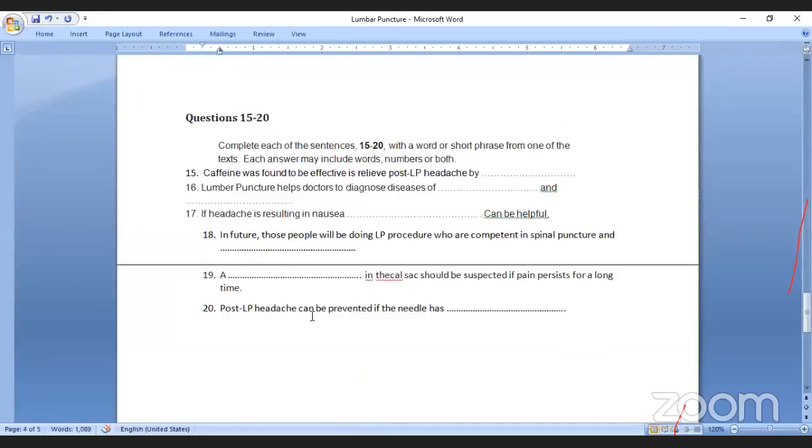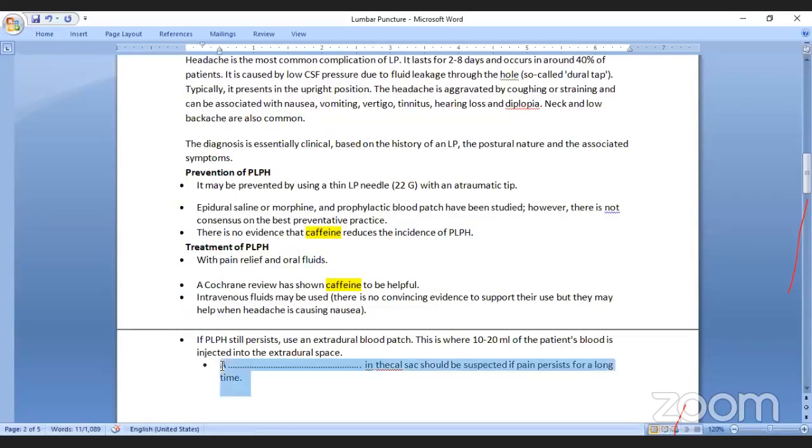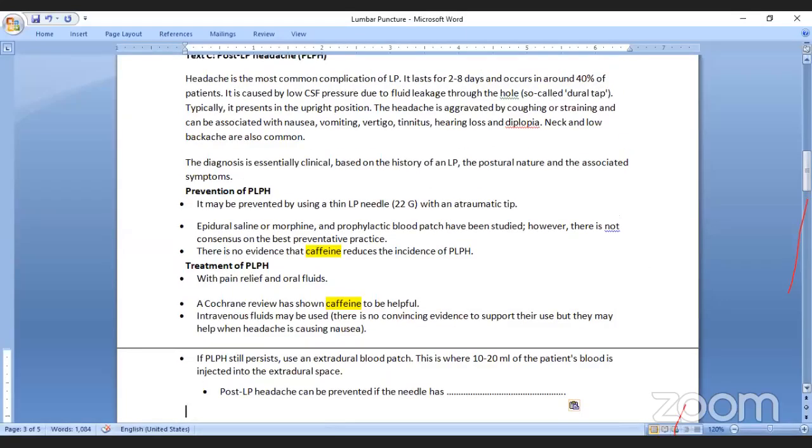So the last one: post LP headache can be prevented if the needle has dash. It's very easy, here in the last part. Try to find it quickly, please. What is the answer? If the needle has... this is what I was expecting.